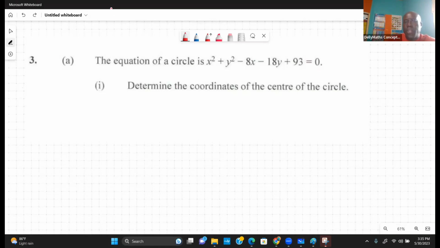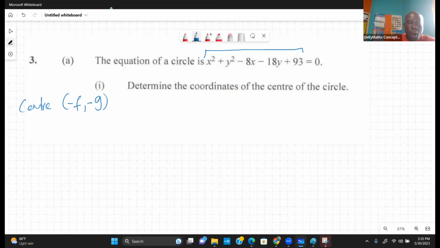Now, whenever we get the equation of a circle in this form, there are certain things that we can easily do to find the center. The center is simply going to be minus f, minus g. So where is f, where is g?